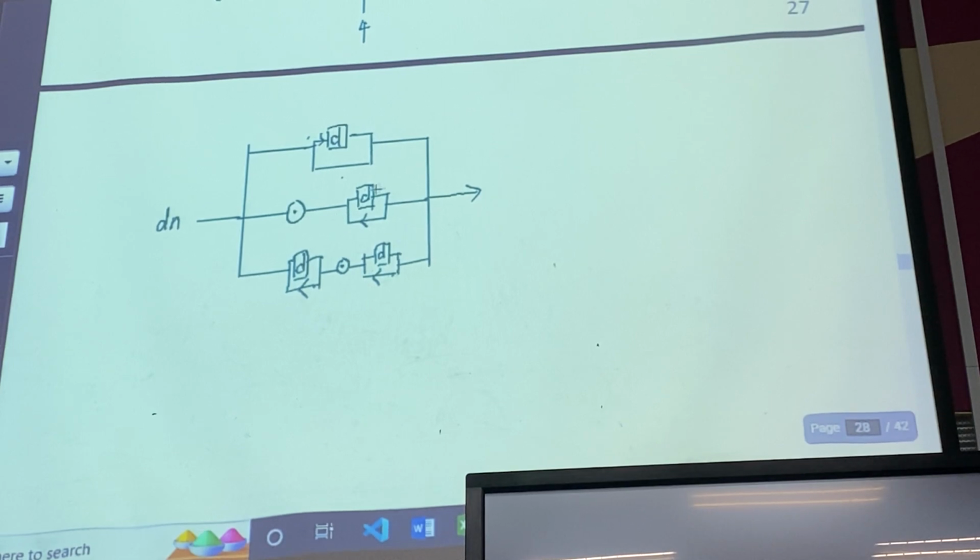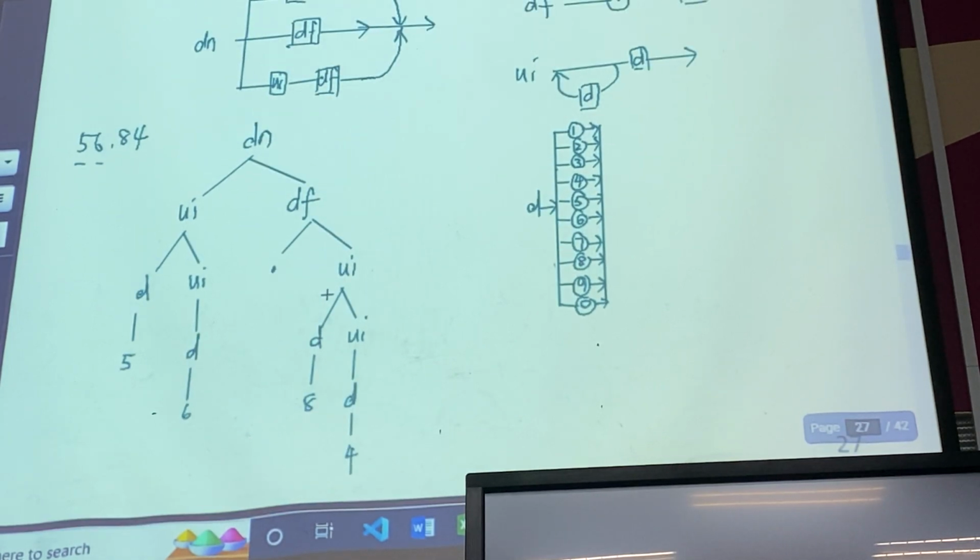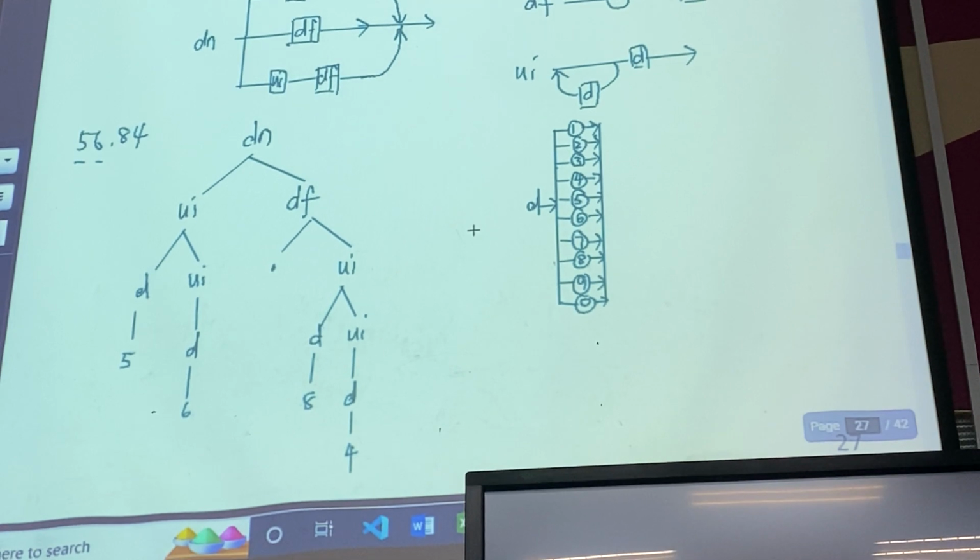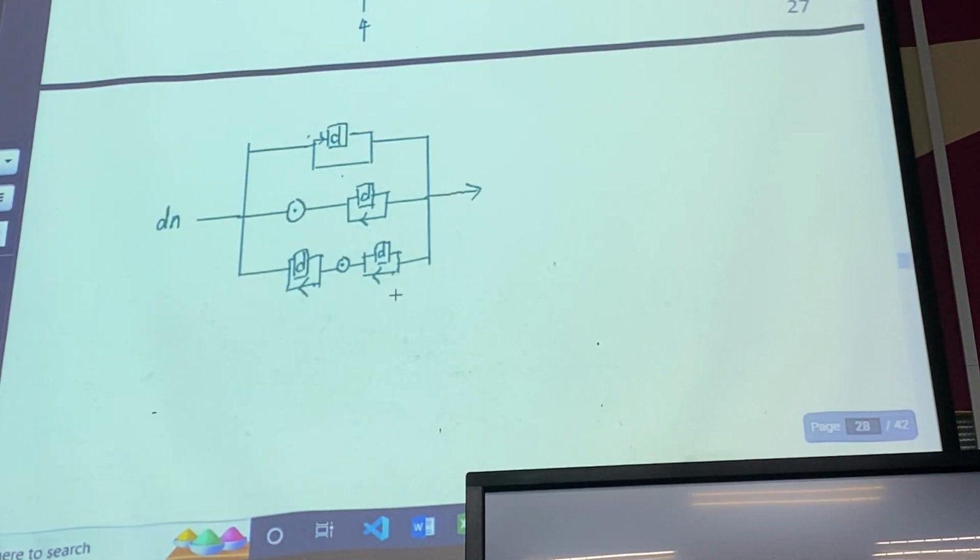So the decimal fraction already substituted with the digit unsigned integer, and the last one is this one, unsigned integer again with decimal fraction. So unsigned integer itself is substituted with this digit unsigned integer, decimal fraction substituted with decimal point with unsigned integer again. So at the back you still have another digit unsigned integer, which is this.